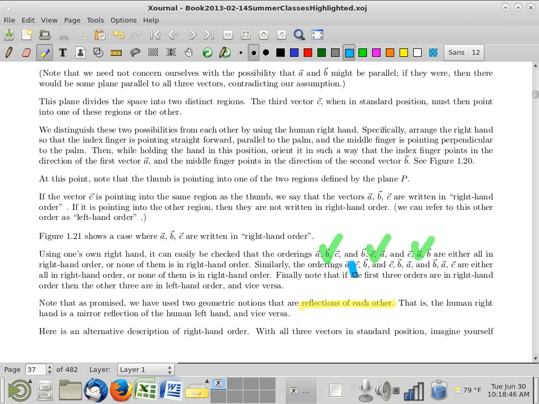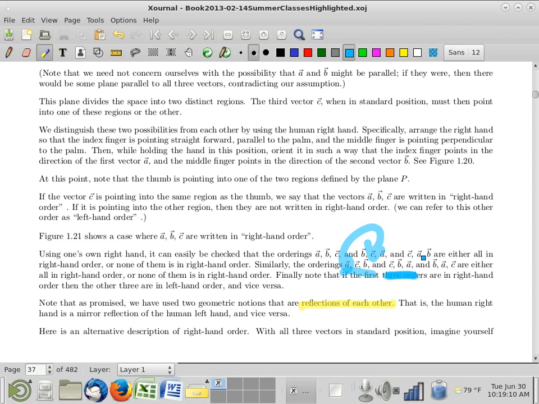Interestingly, the other three possible orderings, also always the same. Same proof, they're just cycles of each other, right? Namely, if you start with ACB, take A and move it around to the end, that gives you CBA.